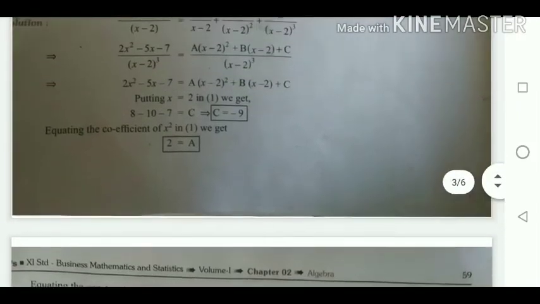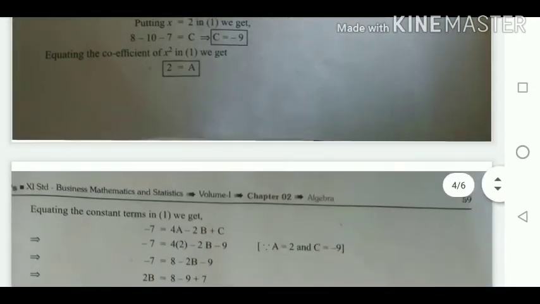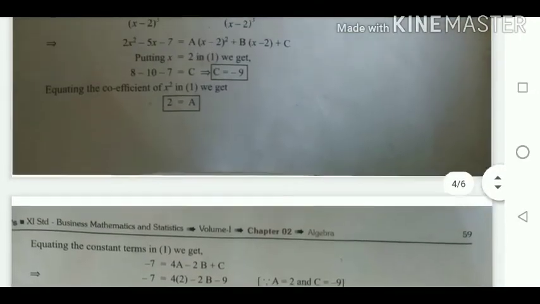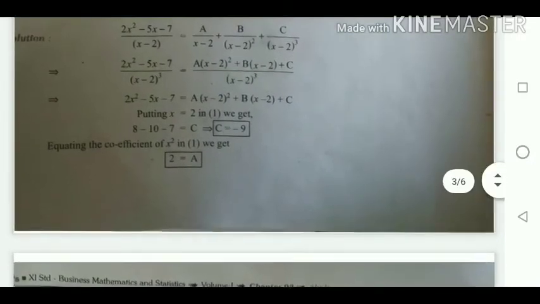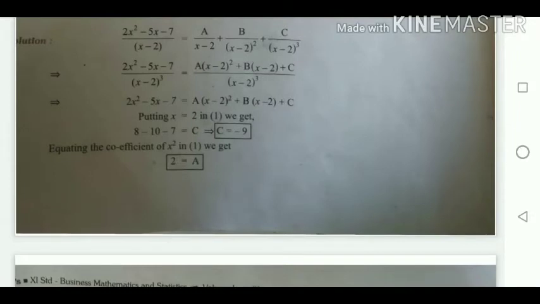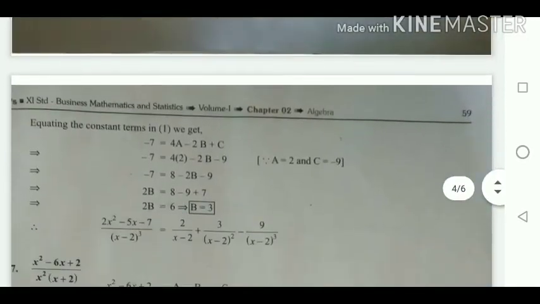Now equate the constant term. Here the constant term in the left hand side is minus 7. In the right hand side it is c. Okay. Not only c, here (x minus 2) whole square means you are getting x square minus 4x plus 4. That is 4 is also a constant. Therefore 4a minus 2b plus c equal to minus 7.